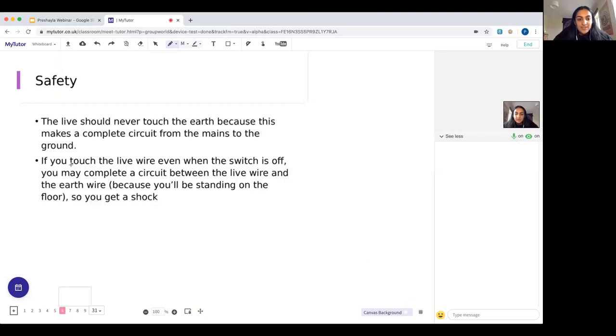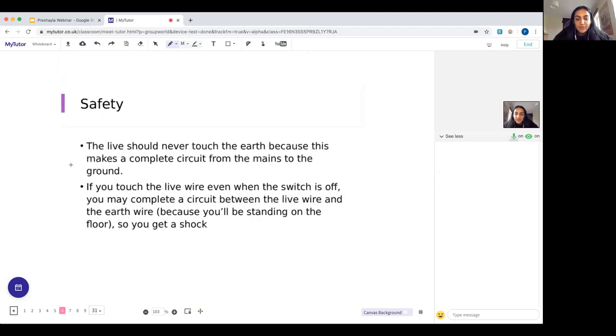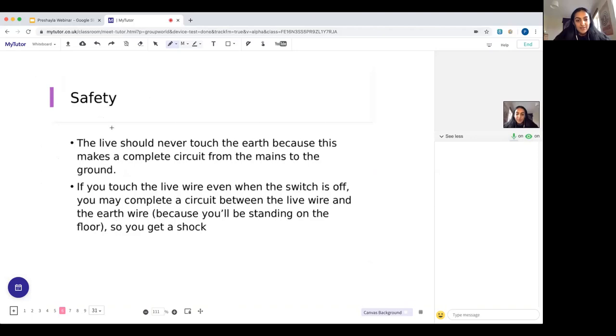Now, the two main safety features when we're talking about plugs is that the live should never touch the earth. The live wire should never touch the earth wire, because that then makes a complete circuit from the mains to the ground, which is not a good thing.